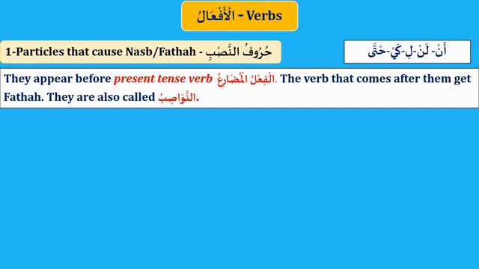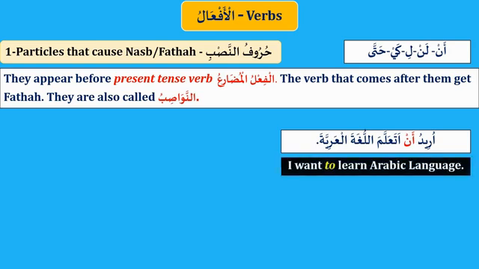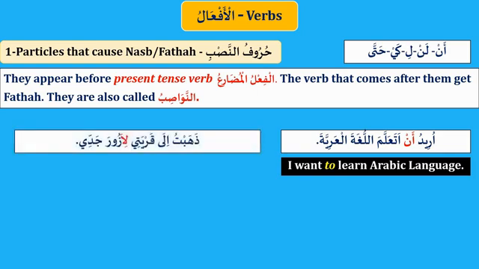The verb that comes after them gets fatha. They are also called an-nawasib. Examples: أريد أن أتعلم اللغة العربية. I want to learn Arabic language. As we see, أن changes the harakah of the verb أتعلم to فتحة. أتعلم, أن أتعلم.